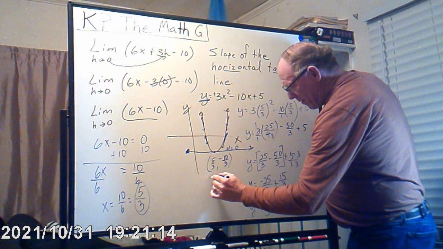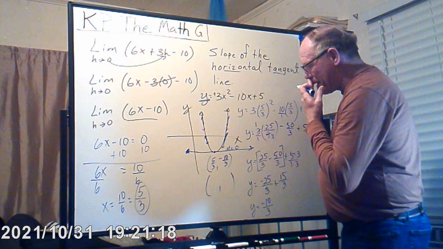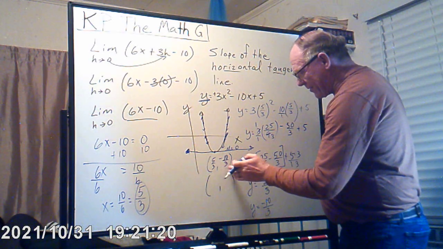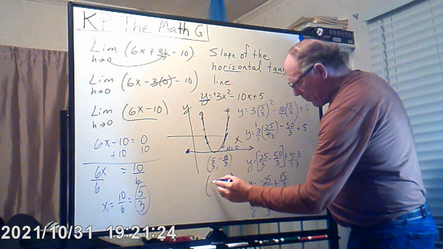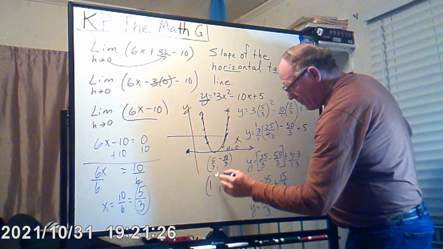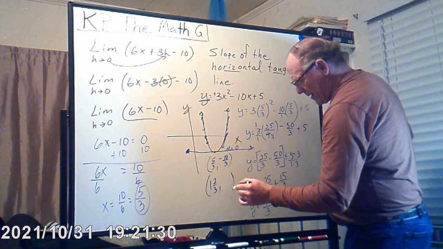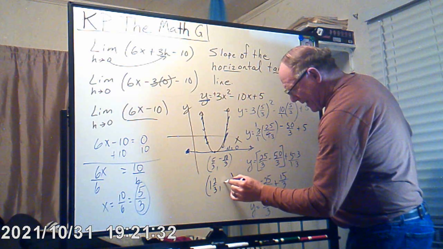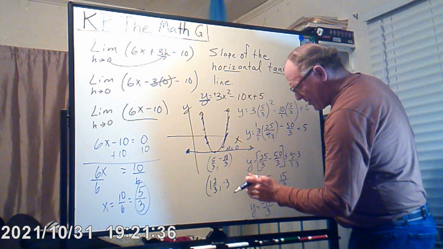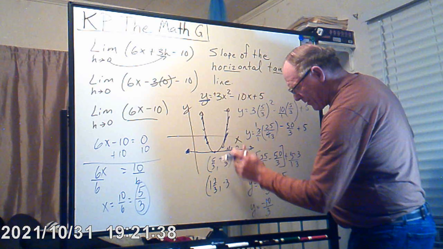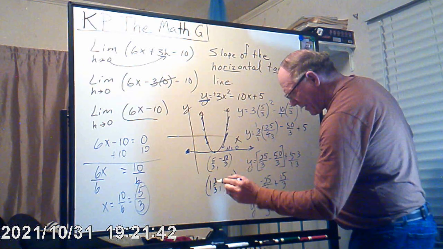If you want to write this out a little better, maybe, but once you get this, you're done. 1 times 3 is 3 plus 2 more. 3 times 3 is 9, and 1 more is 10.